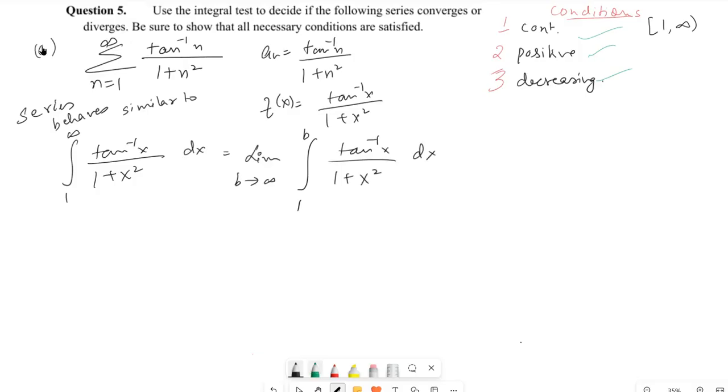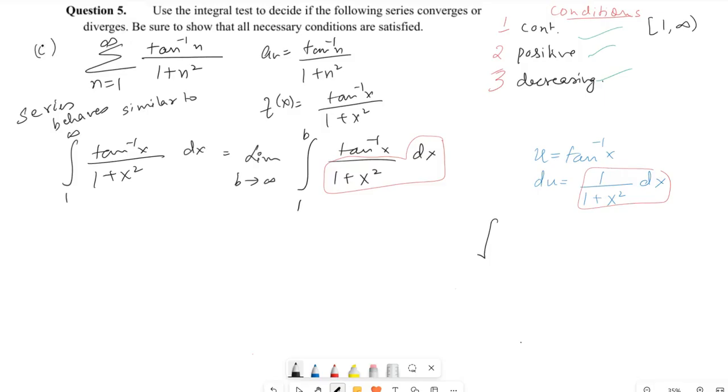To solve this integral, I would need to make some u substitution. u is equal to tangent inverse x. du is 1 by 1 plus x squared dx. You guys notice that was already sitting there in the question. That is what gave me the idea of substitution.